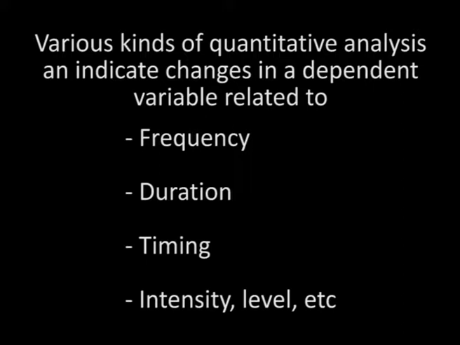Various kinds of quantitative analysis can indicate changes in a dependent variable related to frequency, duration, timing, when particular things happen, intensity, level, etc. They can allow you to compare those changes to one another, to changes in another variable, or to changes in another population.